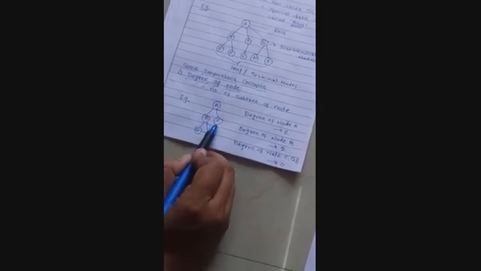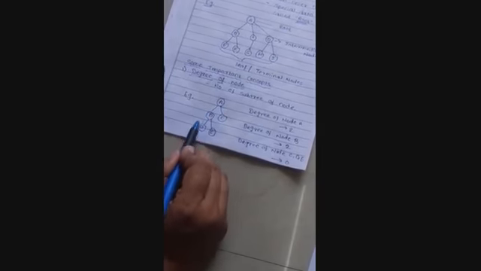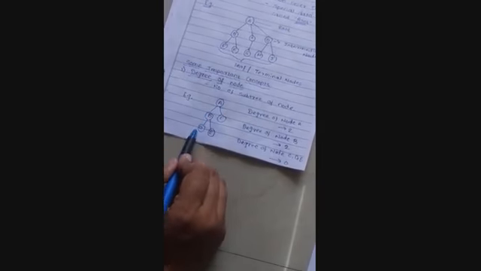The degree of a node is nothing but the number of subtrees of a node. Look at this figure. In this figure, A is a root. Now, what is the number of subtrees of A? There are two subtrees of A, that is B and C.